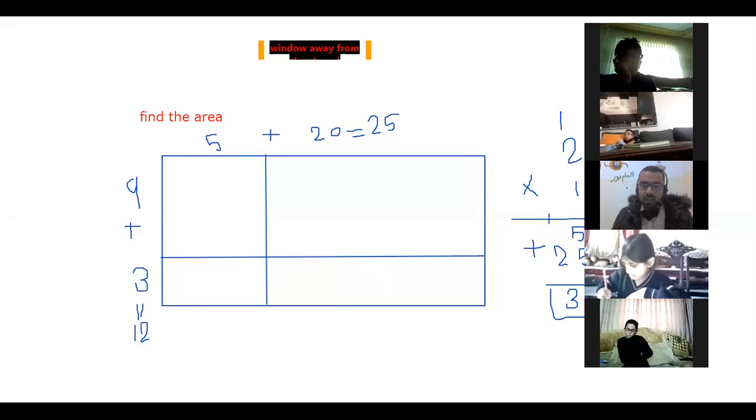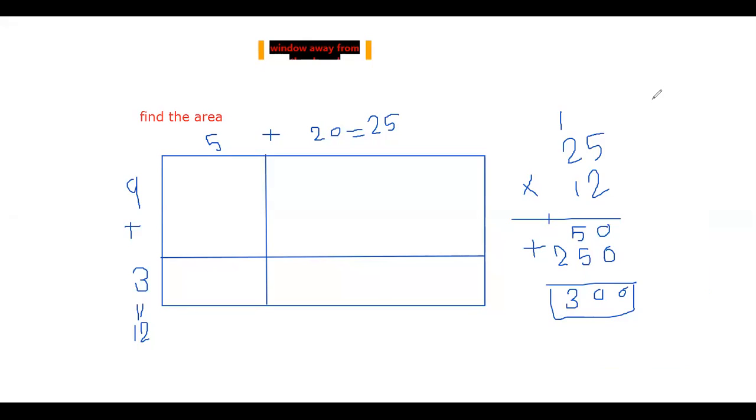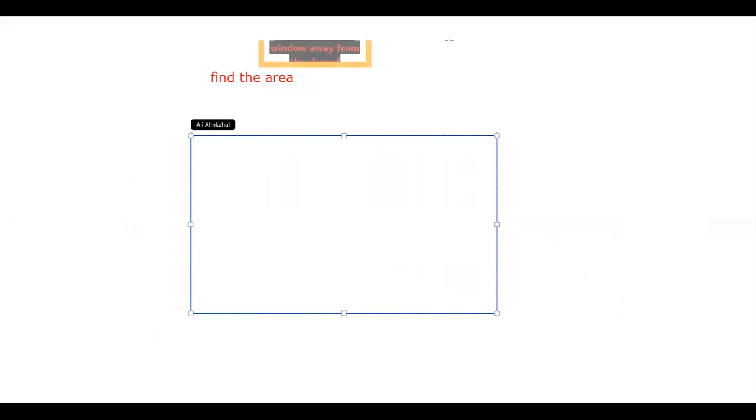Let's take one more example. So you will see something like that on exam. Find the area, and I will give you a rectangle. This rectangle will be like that.